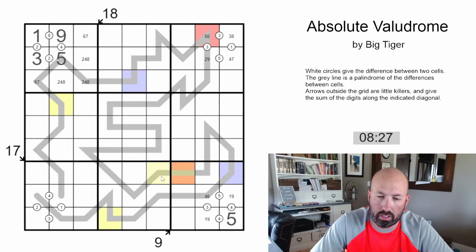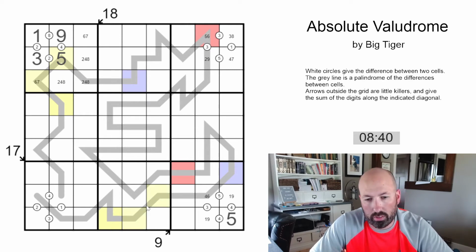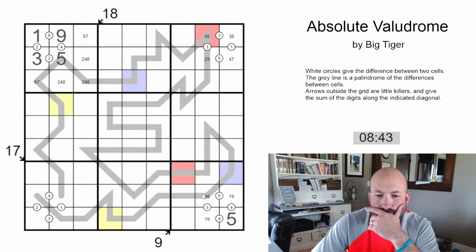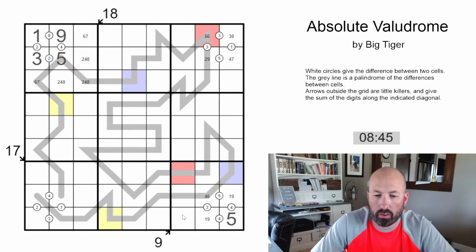So we know that these two down here have to have a difference of 3 because those two have a difference of 3. That's what that's telling us. And like this one right here, which is the 2 after the yellow, are either a difference of 1 or 2. All right, we got to use our little killer again.